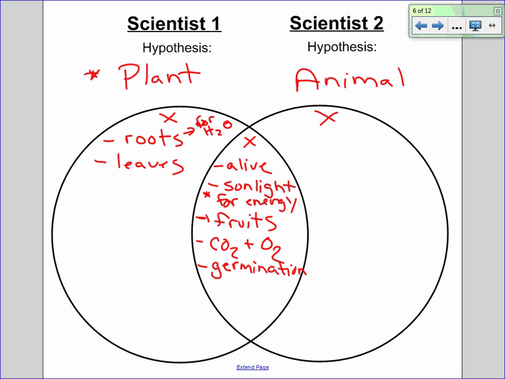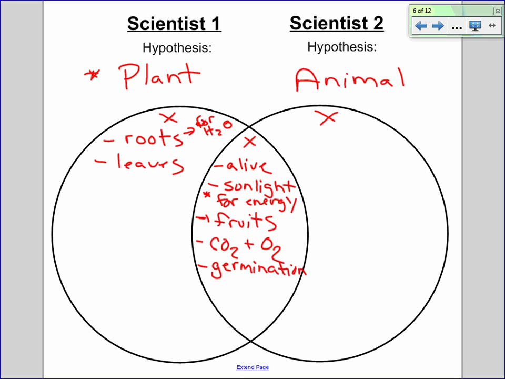Good. Is there anything else that's really just the plant guy? Scientist 2 says that it's in a desert area, and then scientist 1 doesn't say that. Actually, where does scientist 1 say it lives? Scientist 1 makes no mention of its ecosystem, whereas scientist 2 says it lives where?